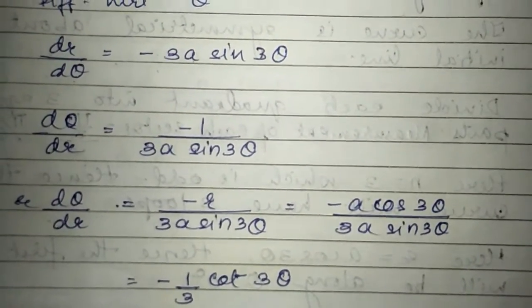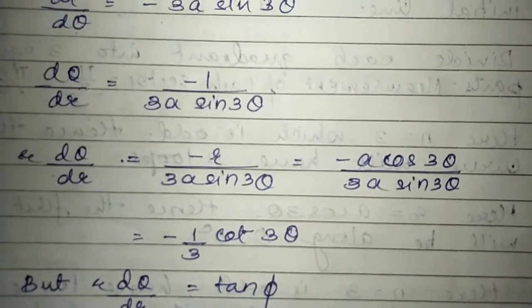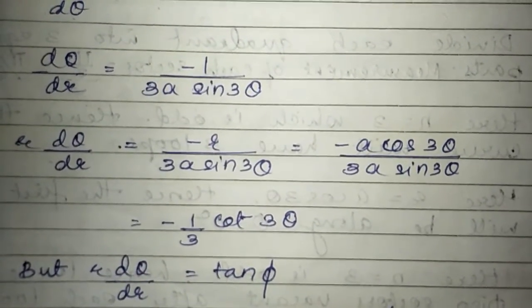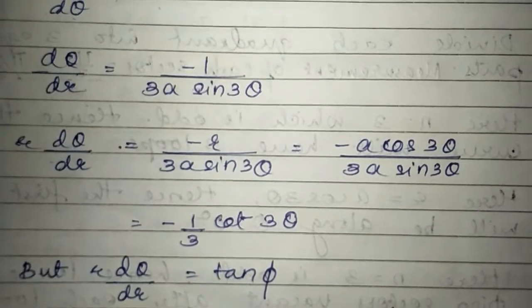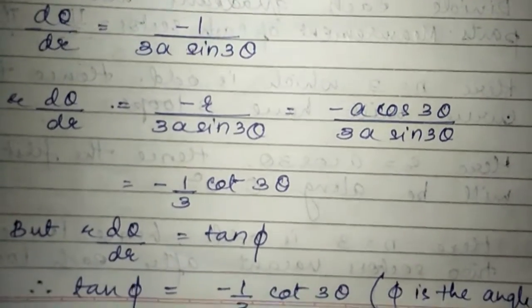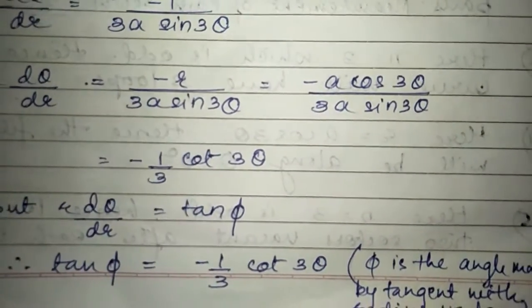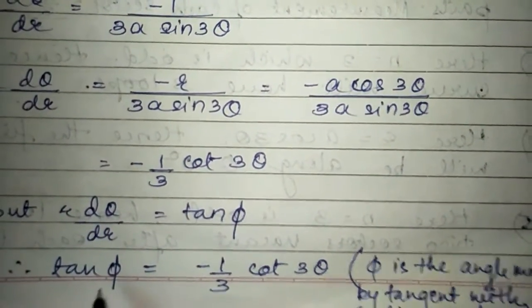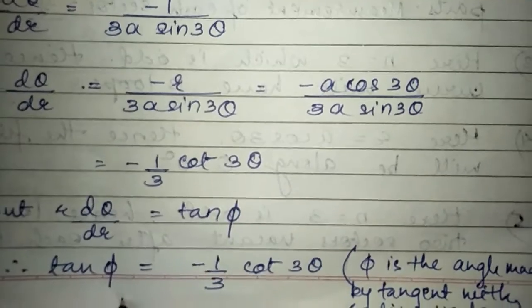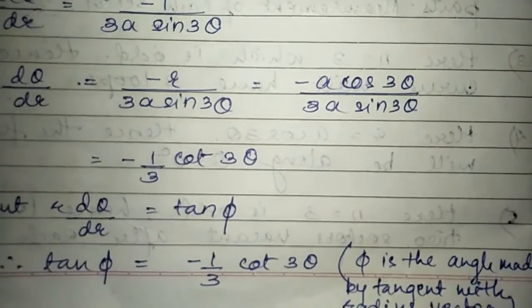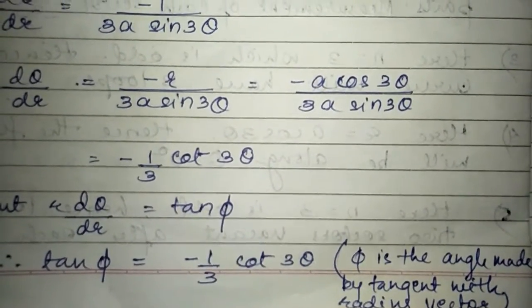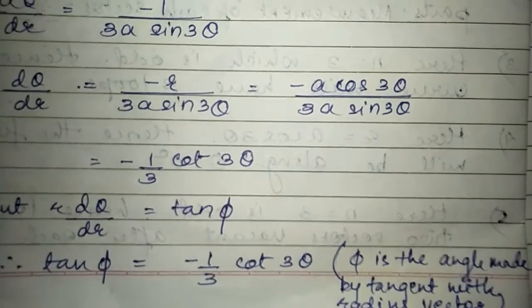But we know that r d theta by dr is equal to tan phi. So tan phi is equal to minus 1 upon 3 cot of 3 theta. Now this angle phi is the angle made by the tangent with the radius vector.